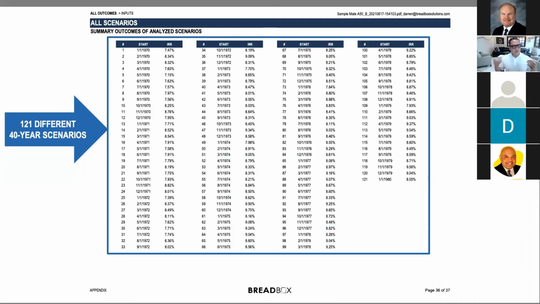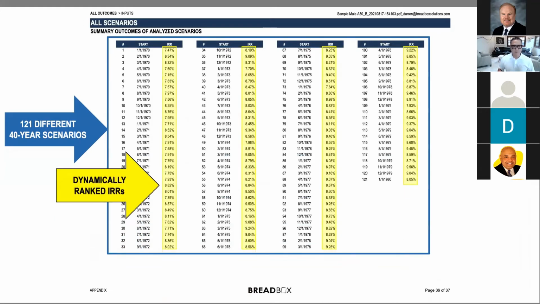Our data then goes through those different scenarios and then dynamically calculates the internal rate of return based off of the client contributions and the charges and the crediting and all those back-tested S&P returns, dynamically calculates the IRR in each one of those actual 40-year periods. And then it ranks them best, median, worst, and most recent.